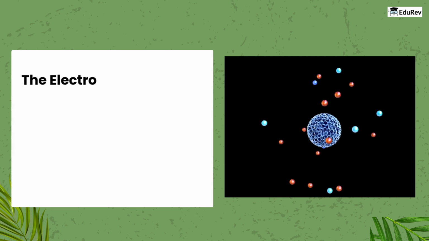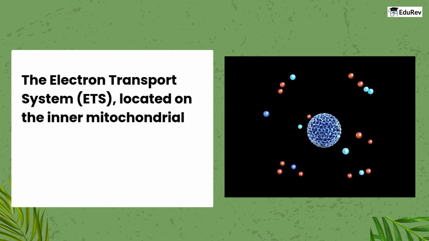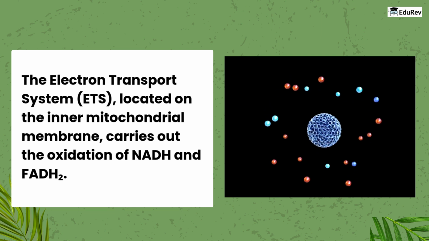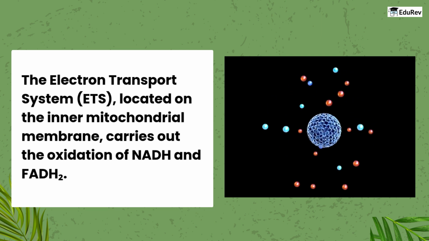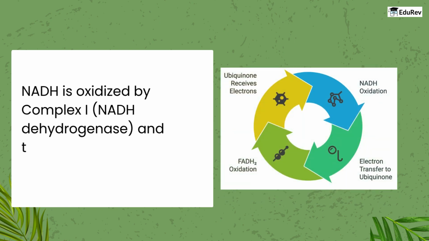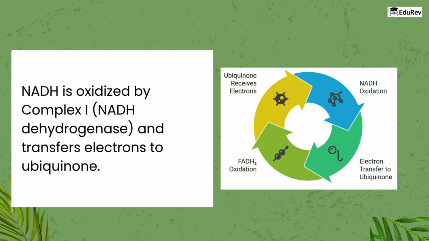The electron transport system, ETS, located on the inner mitochondrial membrane, carries out the oxidation of NADH and FADH2. NADH is oxidized by complex 1, NADH dehydrogenase, and transfers electrons to ubiquinone.